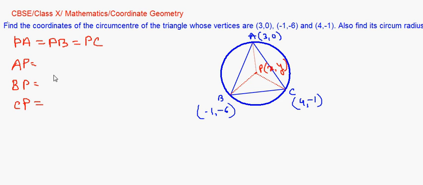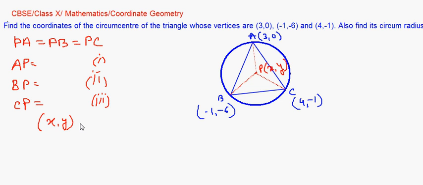Because P is given by XY, you will be getting 3 equations based on the distance formula. While you solve these 3 simultaneous equations, you will get the value of XY that gives you the coordinates of the circumcenter of the triangle.